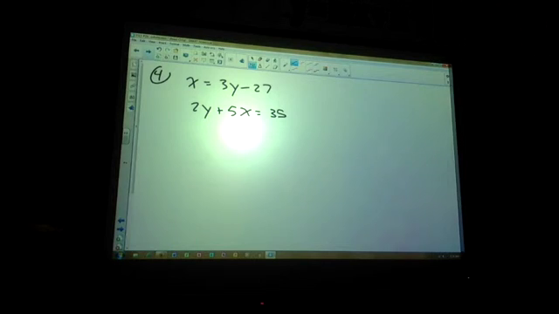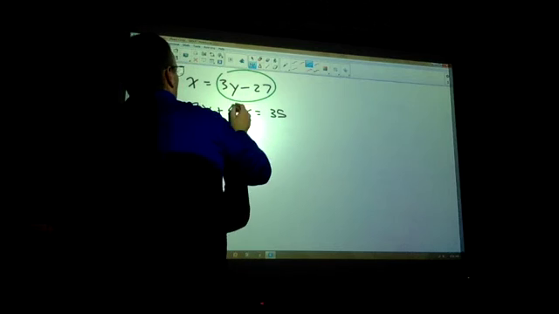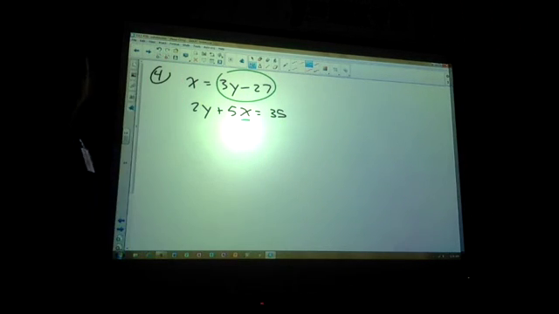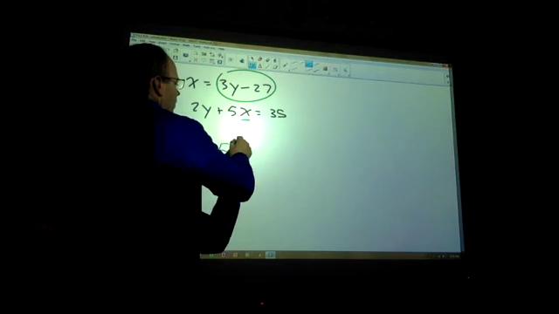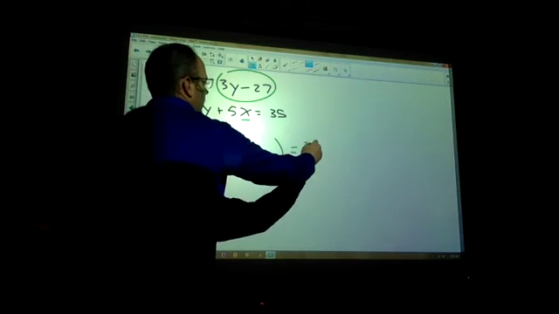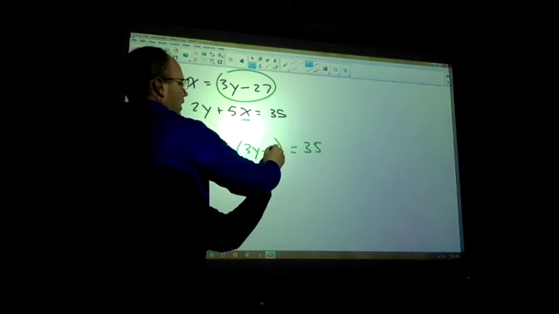All right, in one of the problems, have I solved for a letter? Which one, the top or the bottom? The top one. We know that x equals this, so I'm going to plug that in for x right there. So I get 2y plus 5 equals 35. That was x. Now I'm going to plug 3y minus 27 in.